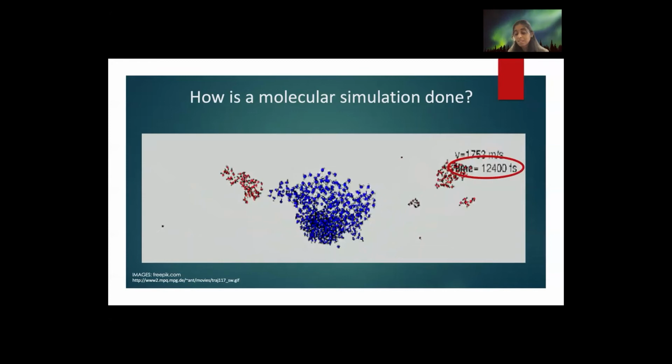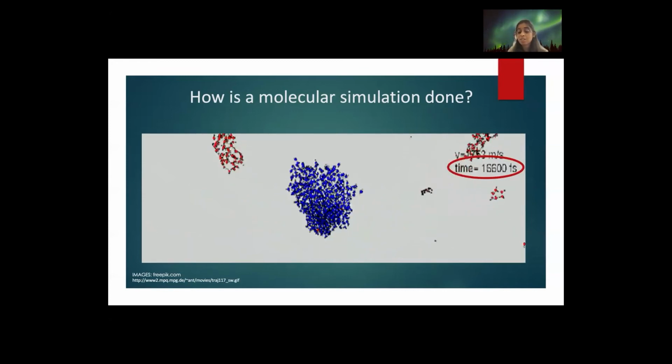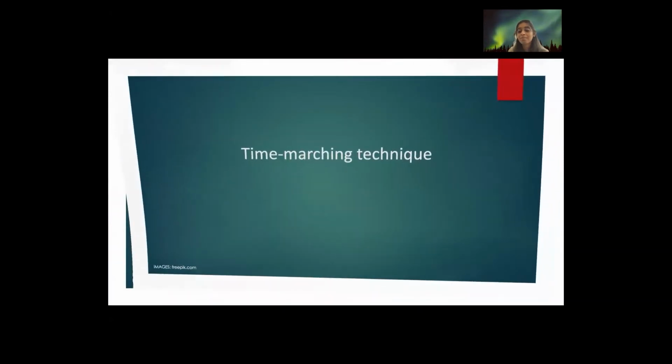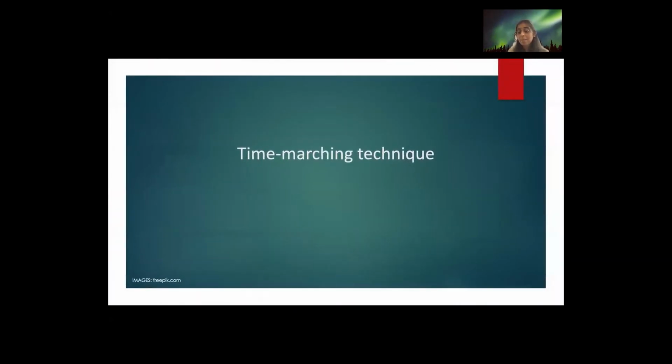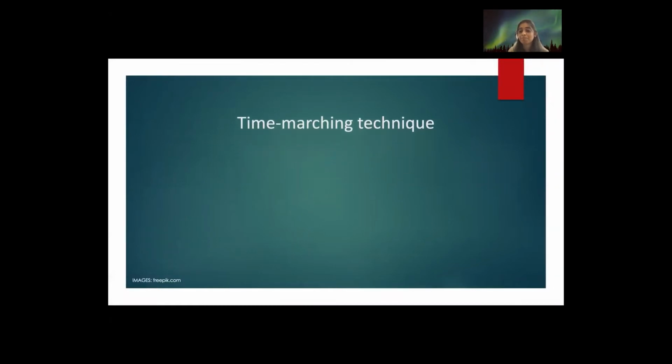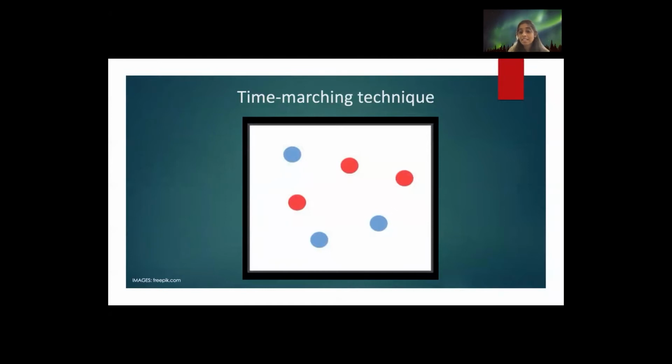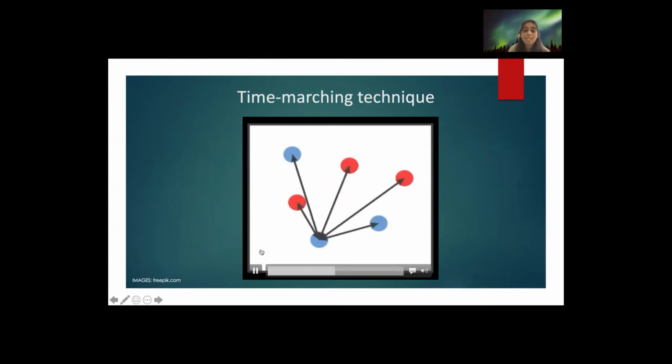Oftentimes, this feat is accomplished in a chemical simulation using what is called a time marching technique. A time marching technique is a methodology that is used to take the system forward in time. The system is studied at its current state, and using a time marching technique, its position in the nearest future is calculated.